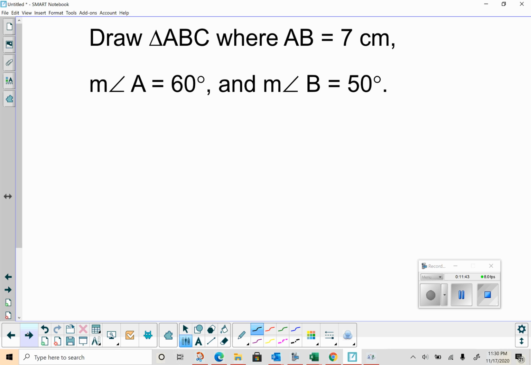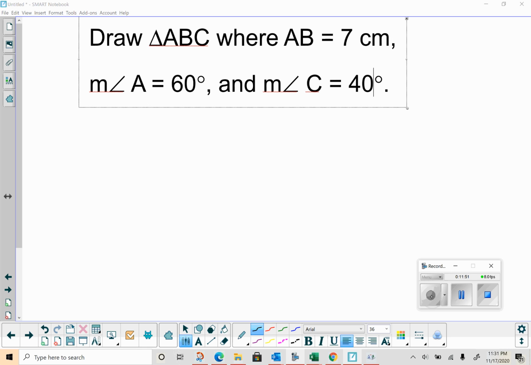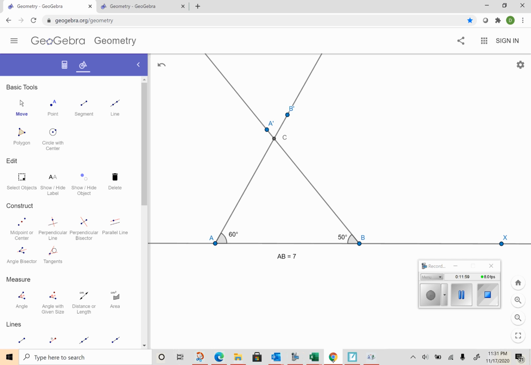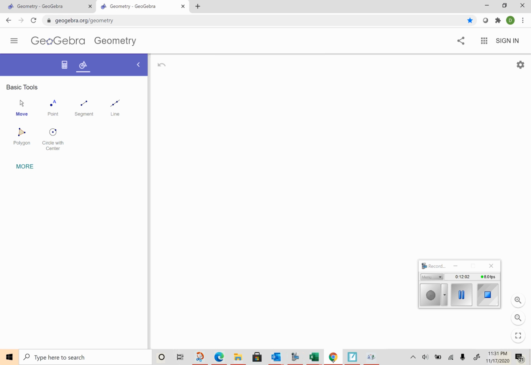All right, let's try another one. Triangle ABC, where segment AB is 7 centimeters, the measure of angle A is 60, and the measure of angle C is 40 degrees. Well, okay, let's start with a new picture here. Let's draw a line.